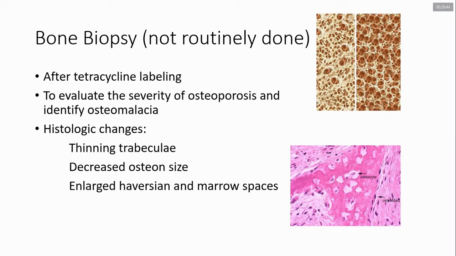We can grossly make out the loss of bone quality, as you see on the right side of the picture, where the trabeculations are large and thinned out. Obviously this bone is quite dense compared to that one, so the density is significantly reduced here. Histological findings will be thinning of the trabeculations, reduced osteons, enlarged Haversian canals, and marrow spaces replaced by fat, and all those changes.